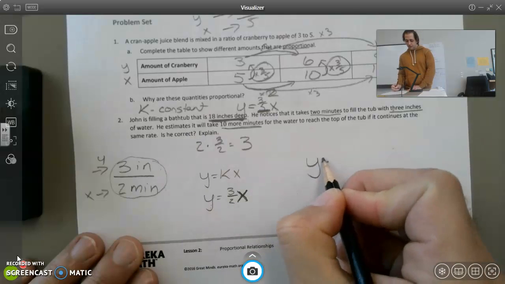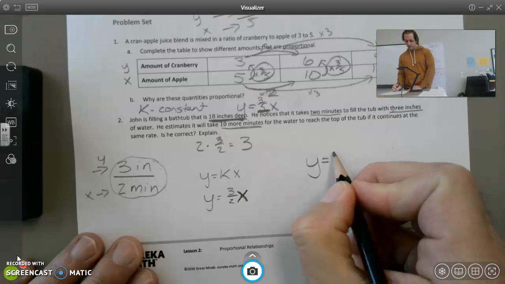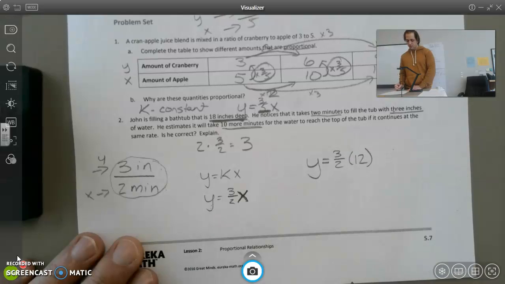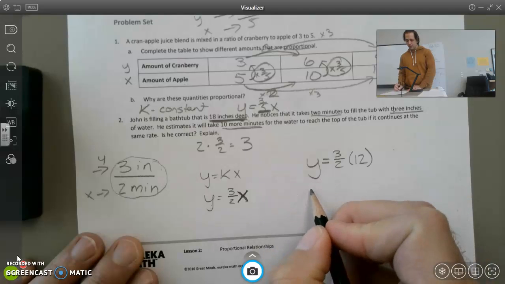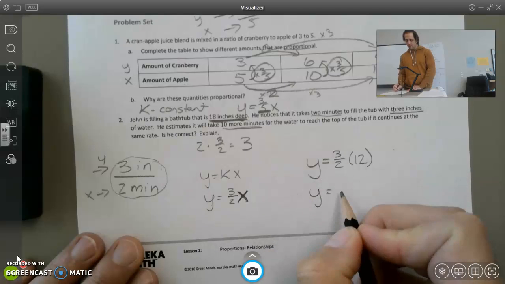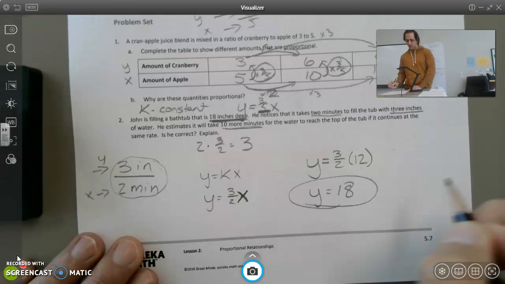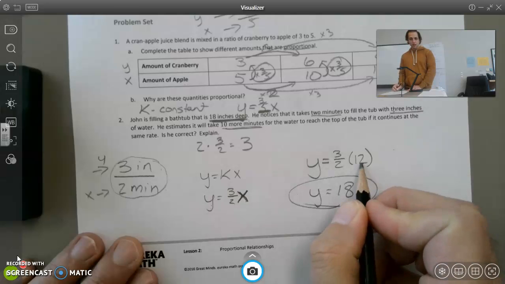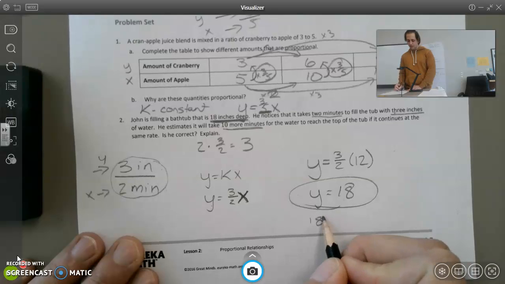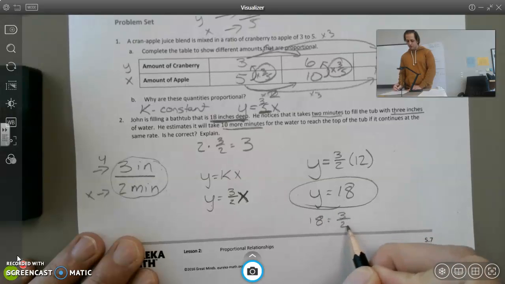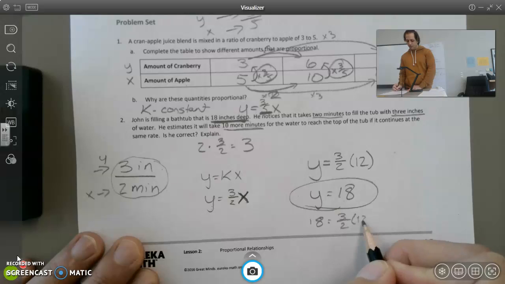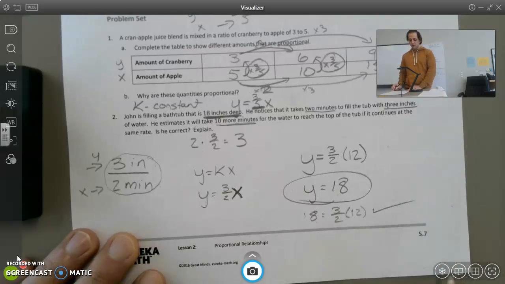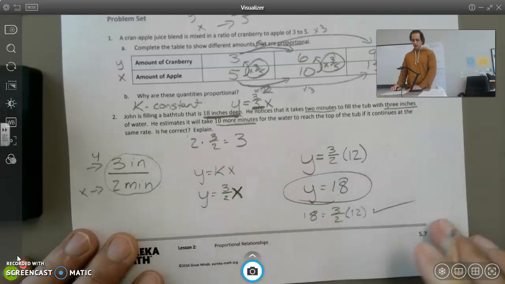So in 12 minutes, is Y going to be 18? 3/2 of 12? Yes. 18 inches in 12 minutes. This equation is true. 3/2 of 12 is equal to 18. So yes, that works. They are correct.